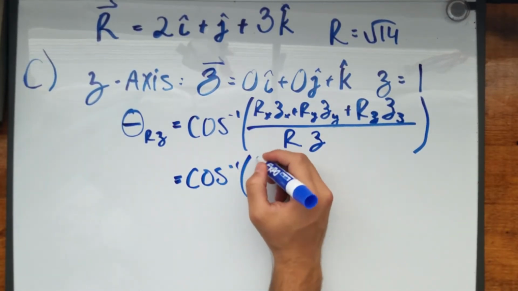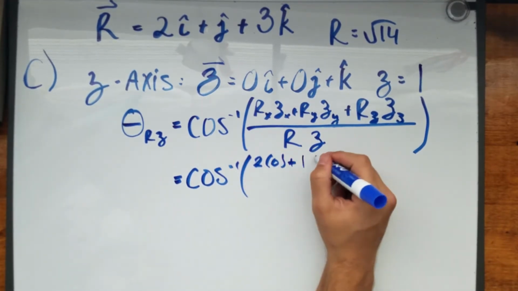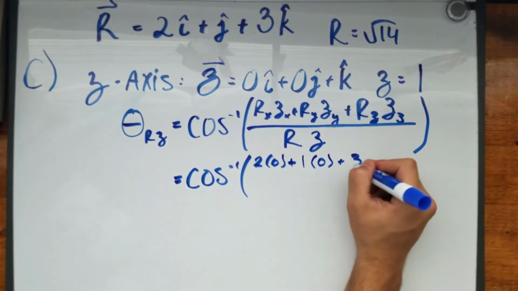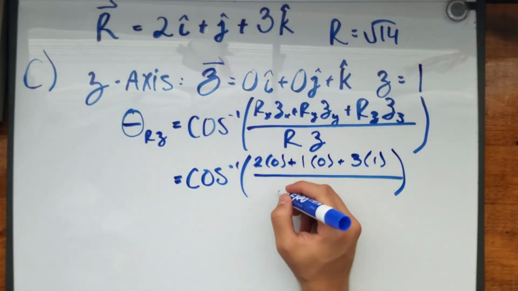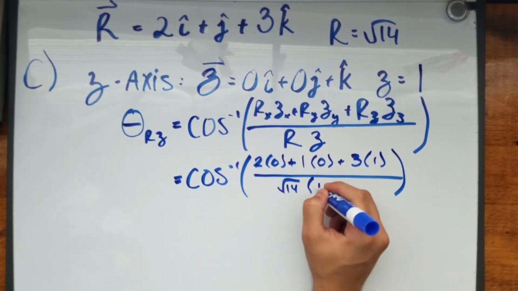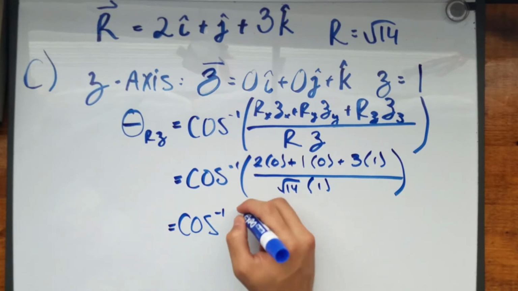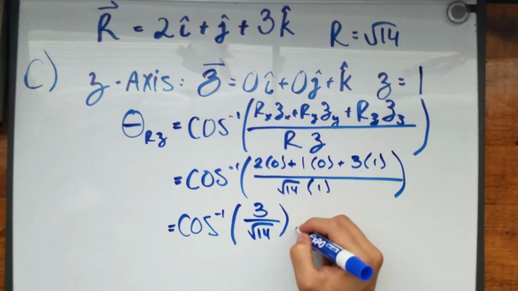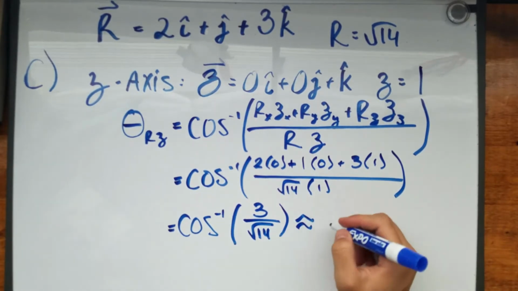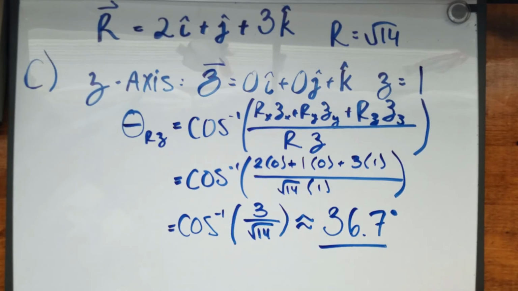And then we have substitution, so that's 2 times 0 plus 1 times 0 plus 3 times 1. And that will be all over root 14 times the magnitude of the z vector, which is 1. Simplified, that's inverse cosine of 3 over root 14, which is approximately 36.7 degrees.